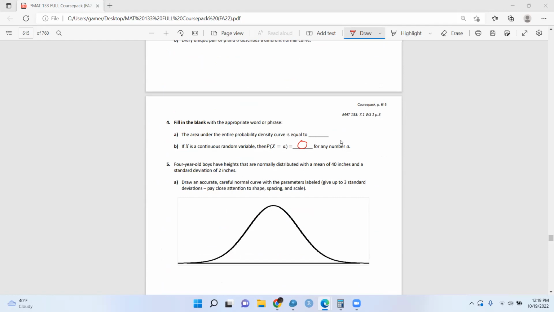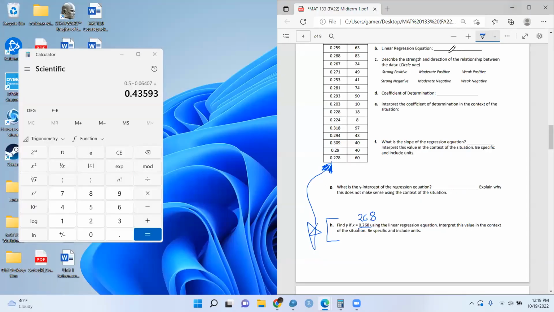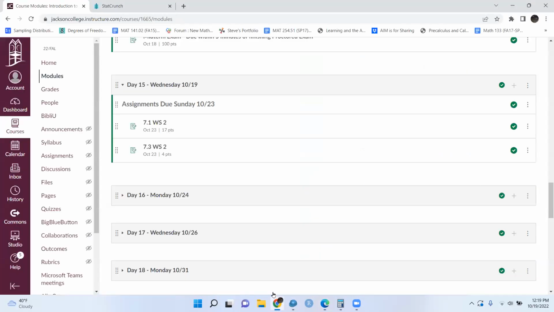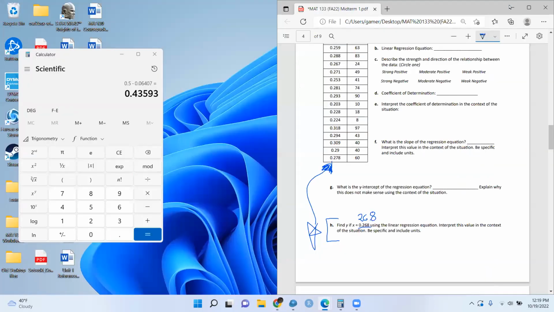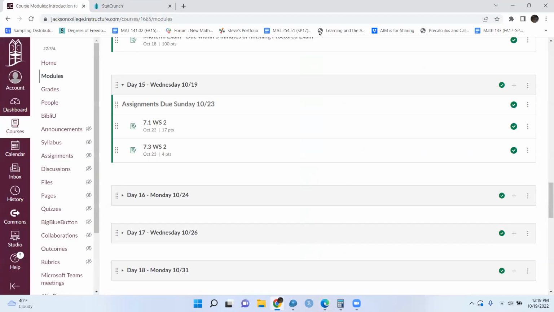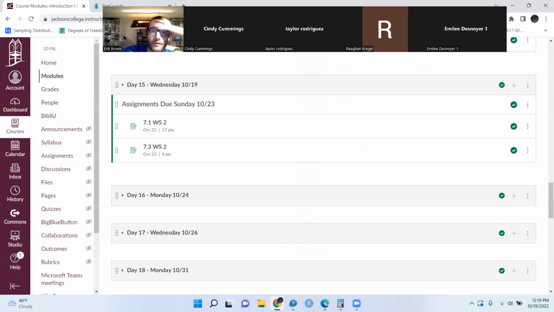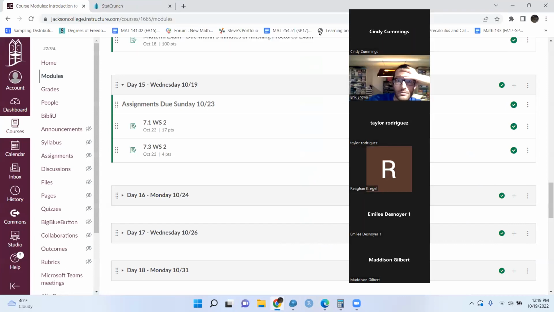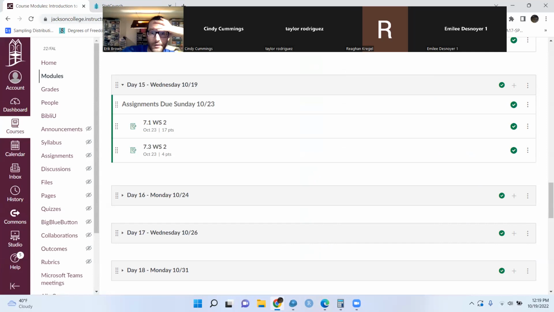Taylor, I'm so with you about going over the answers. The only thing I'm fearful of with going over the answers, because I can't see if you've actually completed the worksheet, is that there's a group of students that might be waiting for the answers to be shown to fill them in. And if I'm allowing that to happen, I'm setting people up for failure, right?